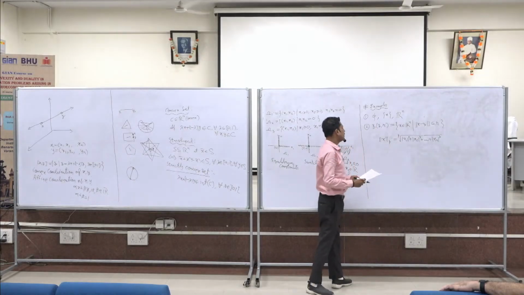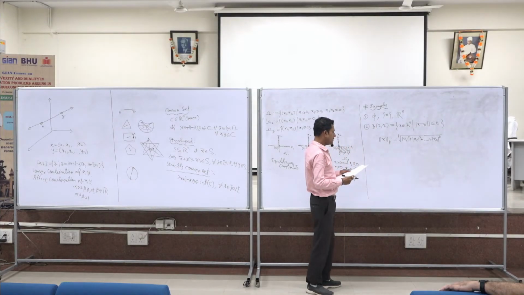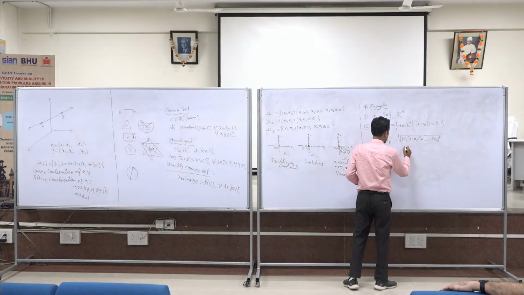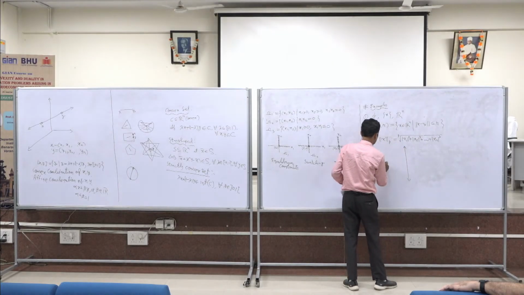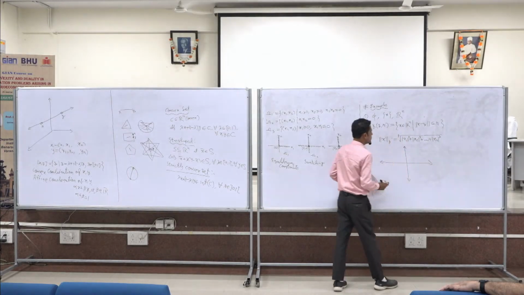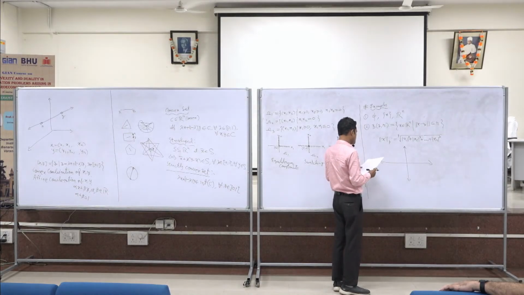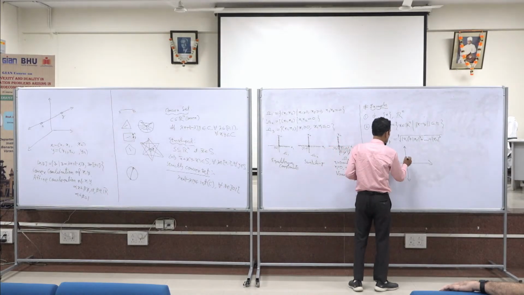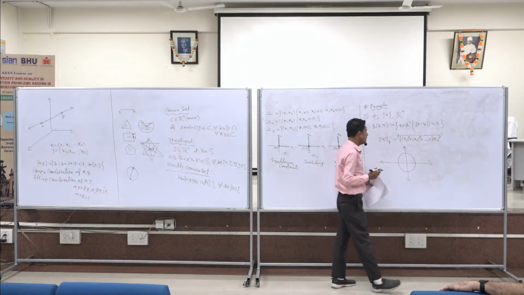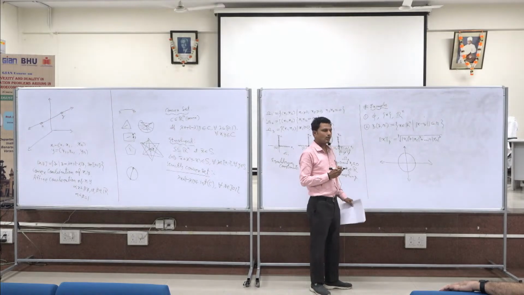So for different values of p, we have different shapes of this structure. So for p equal to 2, it is the standard Euclidean norm, right?